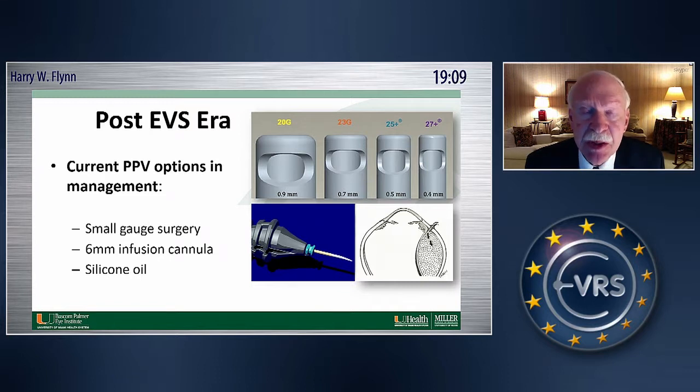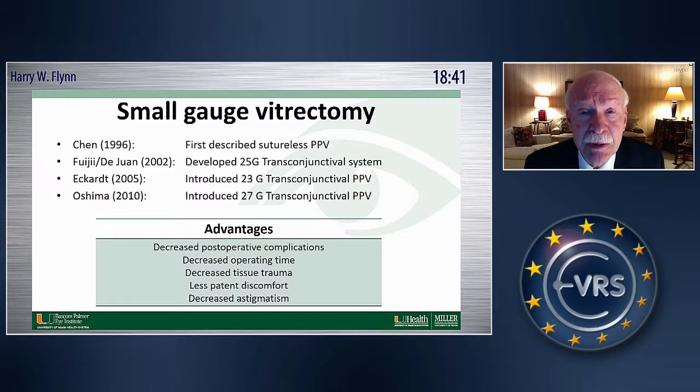Because many patients have congested conjunctiva, swollen and thickened, it's important to use an infusion cannula which penetrates into the vitreous cavity and avoid suprachoroidal infusion of fluid. Finally, we have silicone oil, which helps us avoid hypotony and manage many of the complications. Next slide.